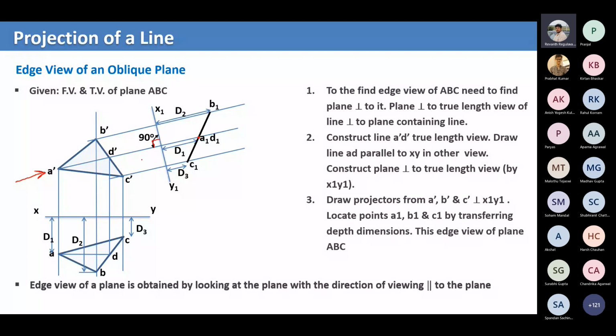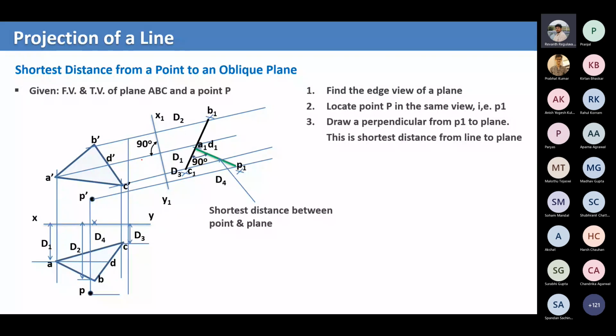So we'll go to the next one. Right now this is our objective. We have to find the shortest distance from any point P to an oblique plane. That is the whole purpose why we are converting a plane into a straight line. So using the same construction methods, we convert this plane ABC into a straight line ABC.